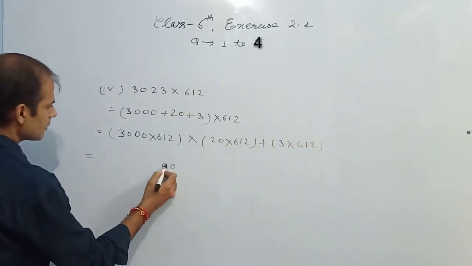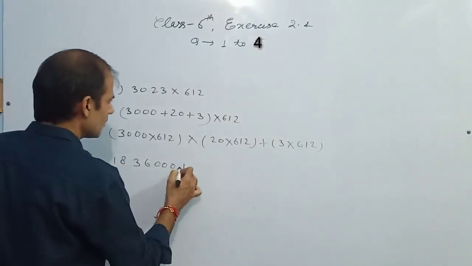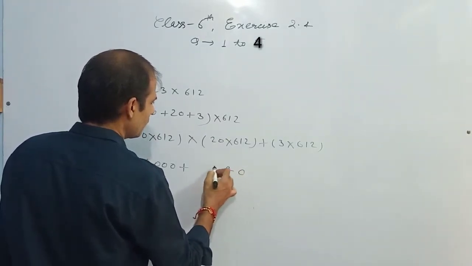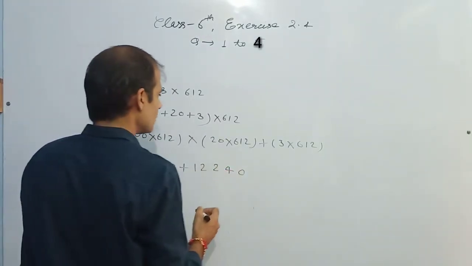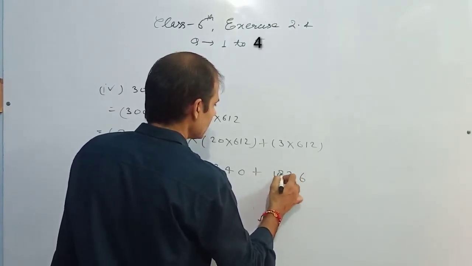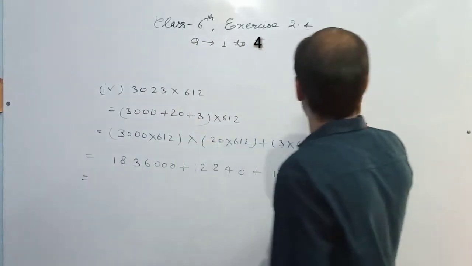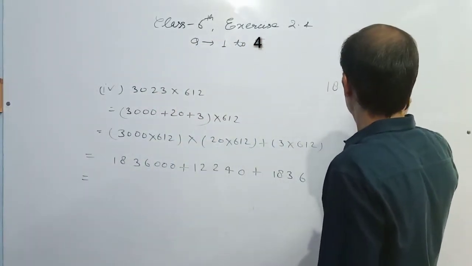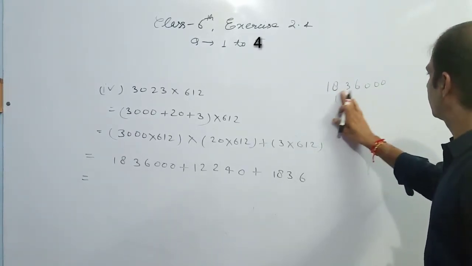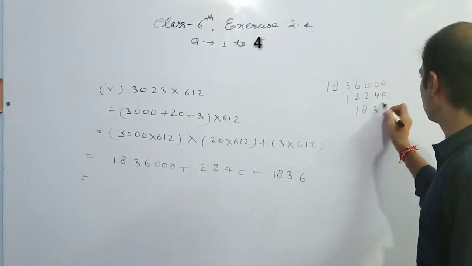Finally it is zeros, 3 2s are 6, 3 and 18 plus 0, and it is 4 2 and 12. Next is 6 3 and 18. Finally you have to add all these numbers, so I add here 1 8 3 6 0 0. This is the rough work. 1 2 2 4 0 and 1 8 3 6.